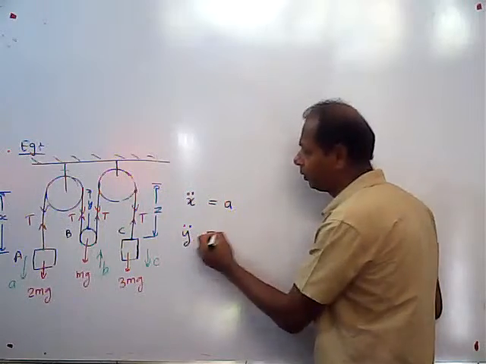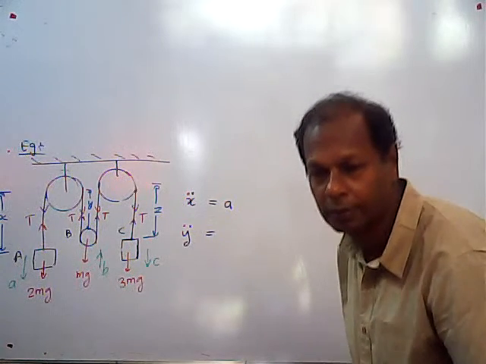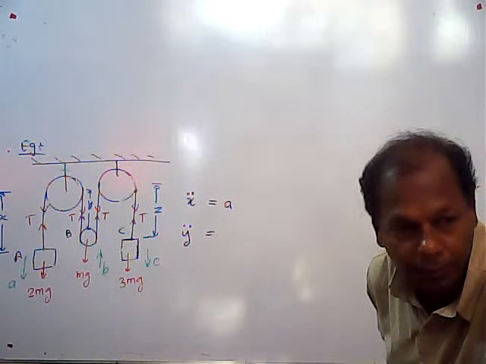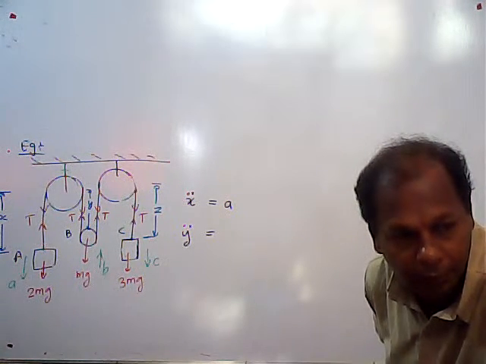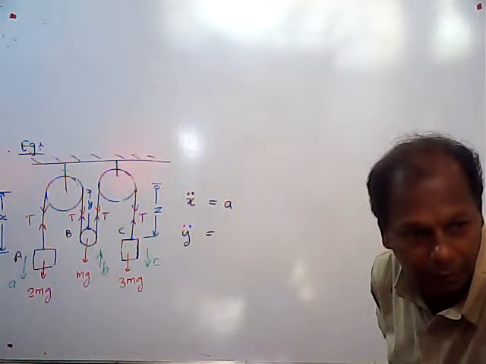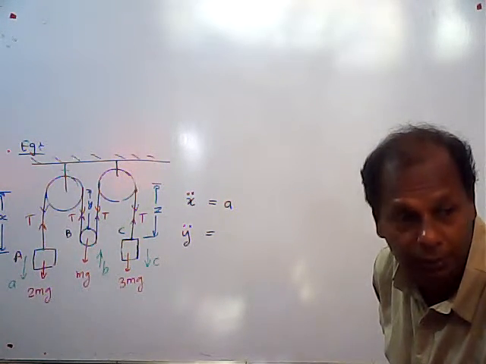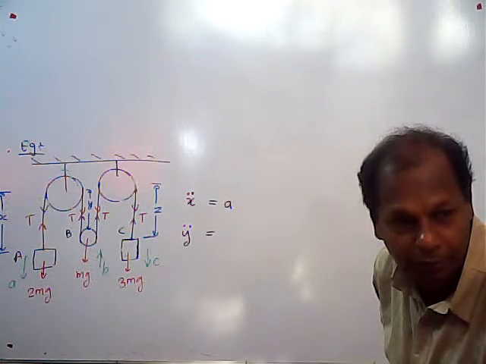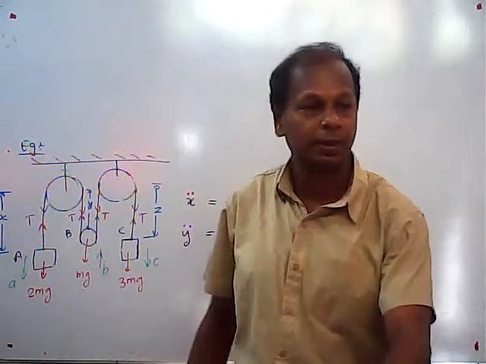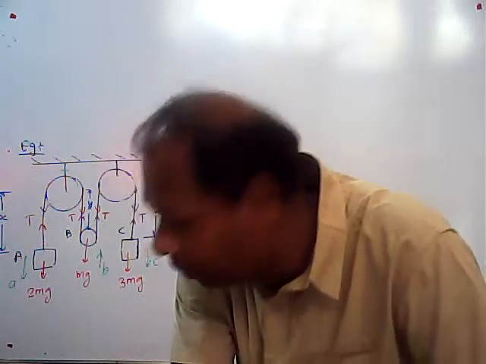What about y double dot? Y double dot is equal to b. Are you sure? It gives the acceleration of the moving pulley, b.